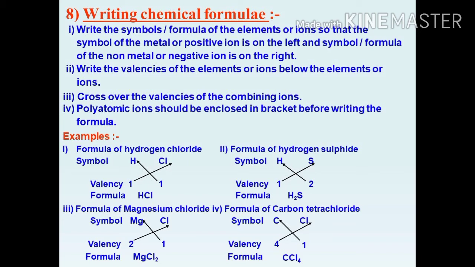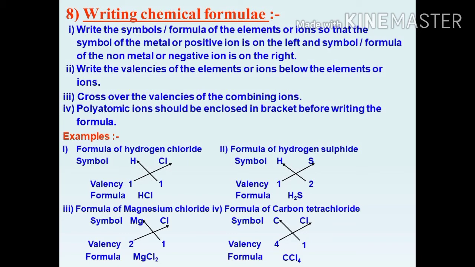So the outermost shell of an atom contains some electrons, and that is known as valency electrons.